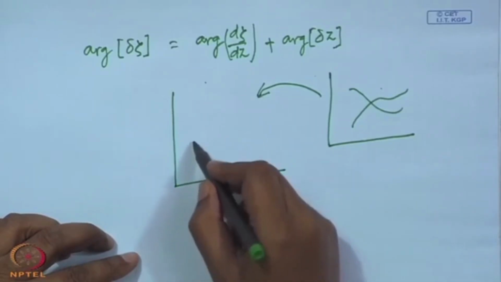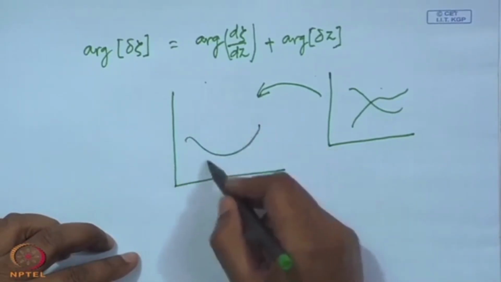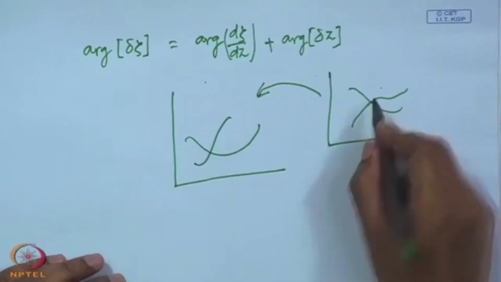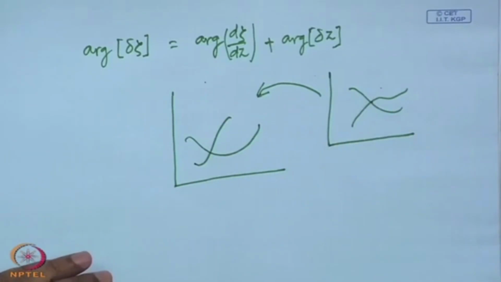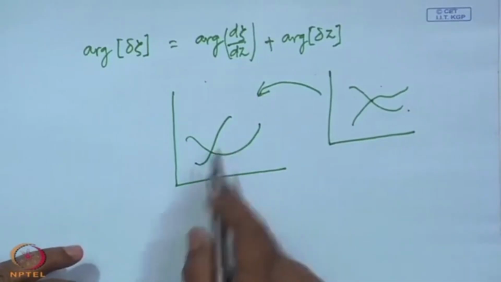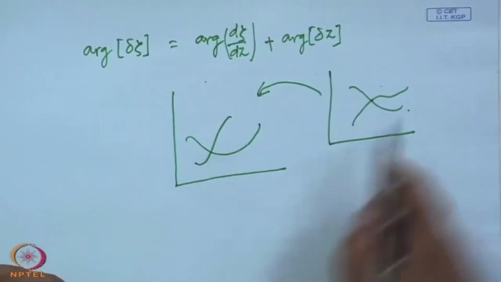And here also we are getting two such curves. We can call this curve Z1 Z2 curve, and here the zeta 1 zeta 2 curve.